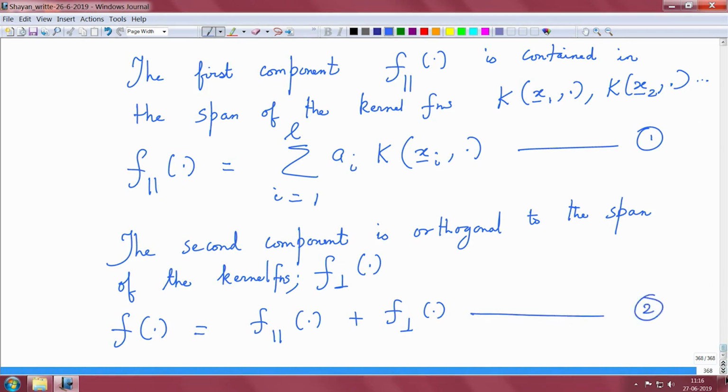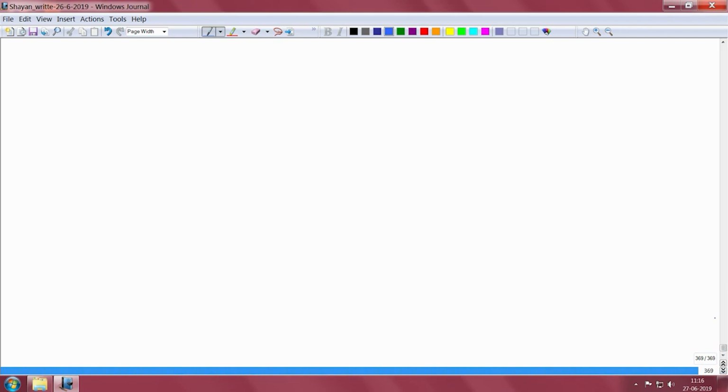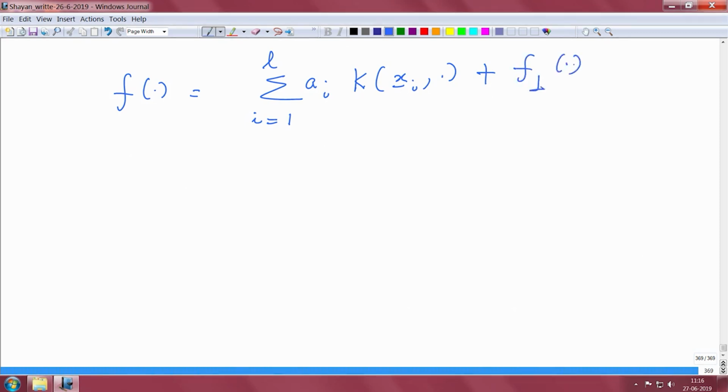Let us use equation 1 in 2 and then simplify. So, f is basically summation i equals 1 to L ai kernel acting on xi dot, the dot indicates I can replace it by a vector x, plus f perpendicular acting on the vector x.